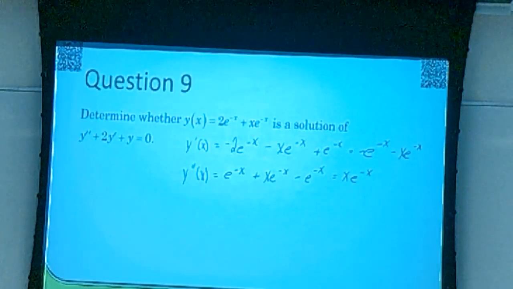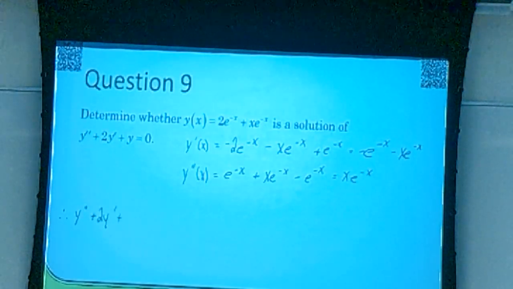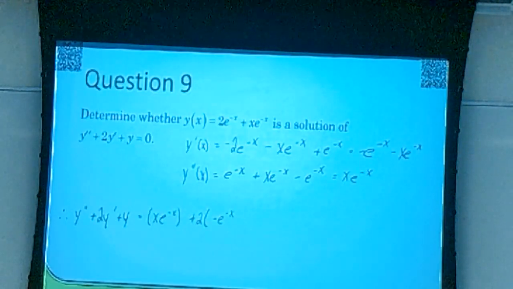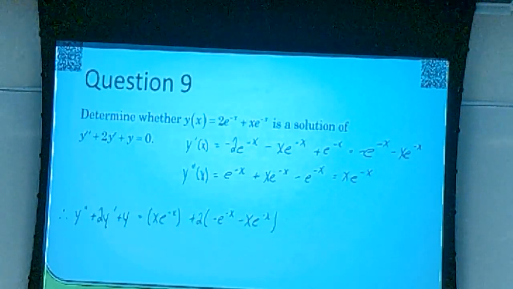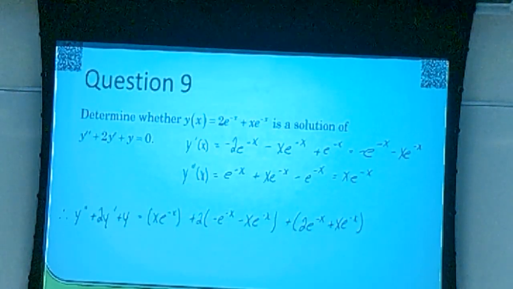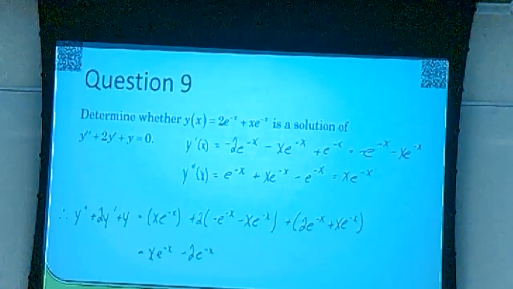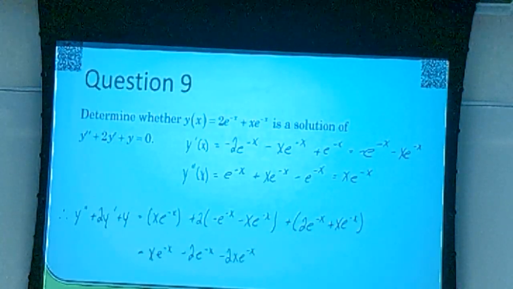Now, we plug those in. Therefore, y double prime plus 2y prime plus y is going to equal, I'm going to put these in parentheses, 2e to the minus x minus 2x e to the minus x.